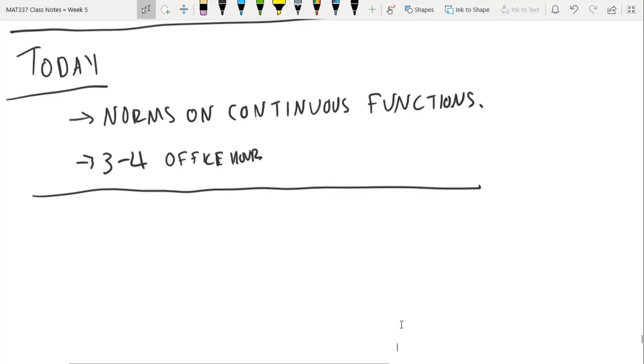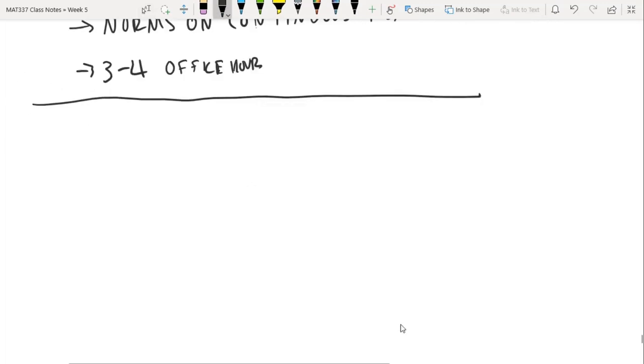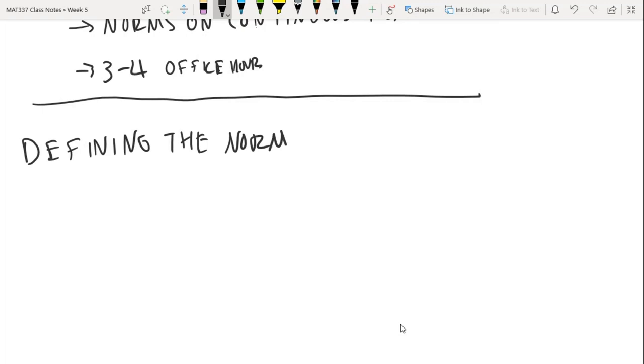So on Tuesday, we finished off with defining the norm. Vector space.